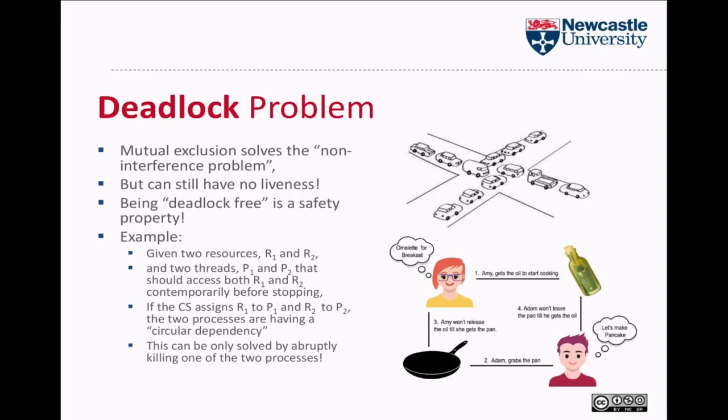They want to make their food, but in order to make the final product, like the computation of the process, you need both a pan and olive oil. So, for example, Adam is grabbing the pan, Amy is grabbing the olive oil, and no one is willing to release the resource that they are holding.